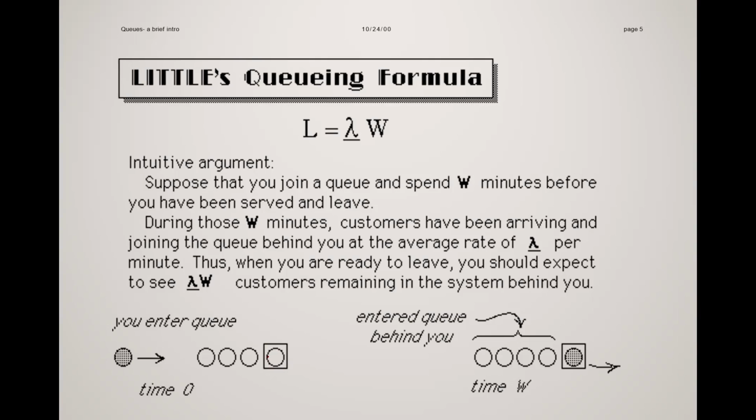If this someone has finished receiving service, then behind you, you would expect that there are also, on average, lambda per minute. Therefore, when you're ready to leave, you expect lambda W customers remaining in the system behind you. So this is not only in the queue, but also customers that are being served. So that's the short, intuitive argument for Little's queuing formula.